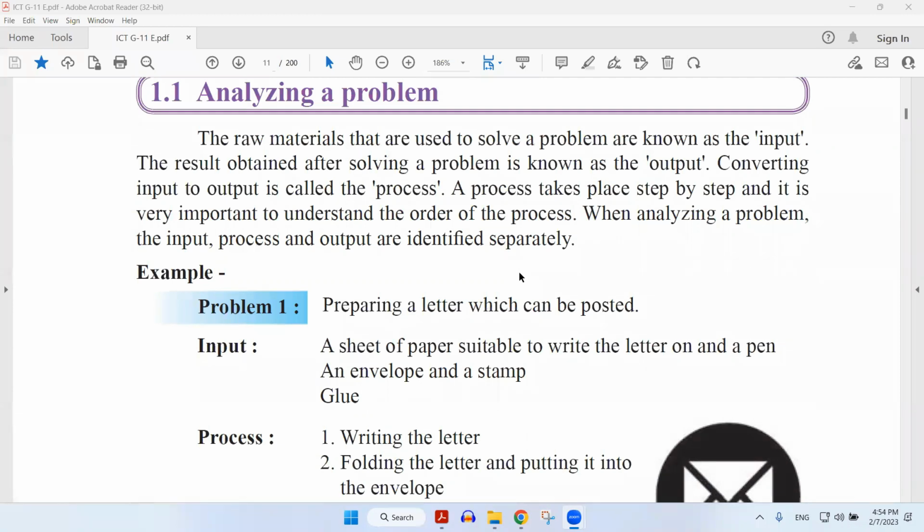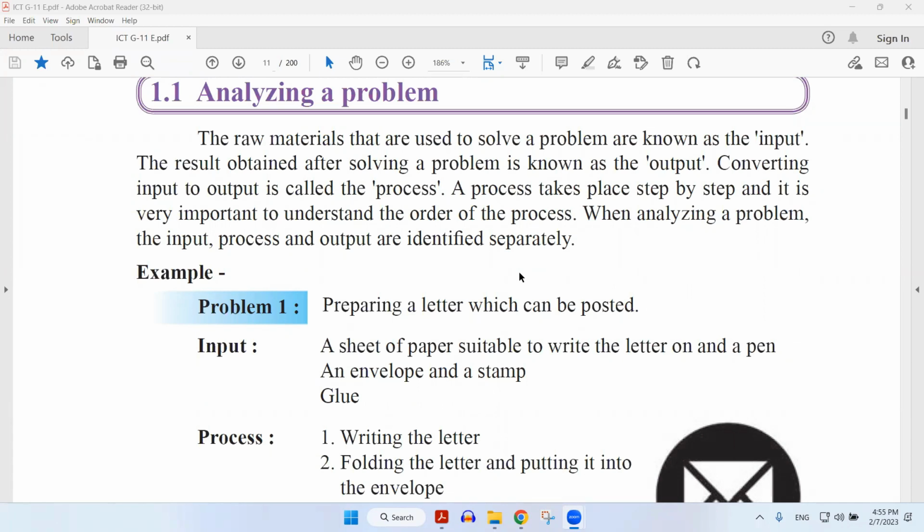So to give a solution to a particular problem, first we have to analyze the problem. So analyzing means you have to determine what the inputs are that are needed to solve this problem, what should be the process or the processors, and then how the output is going to be.